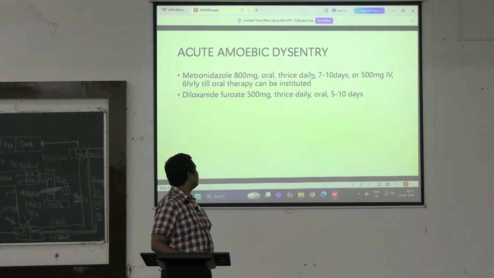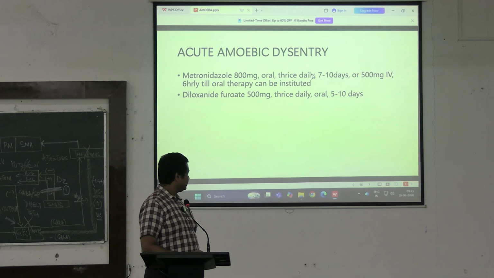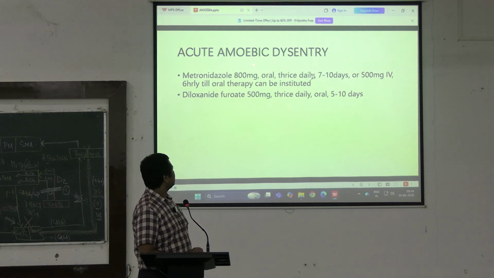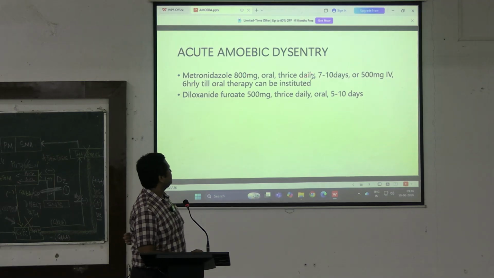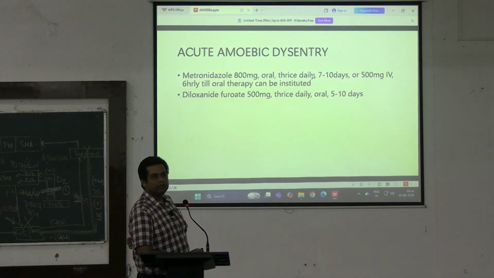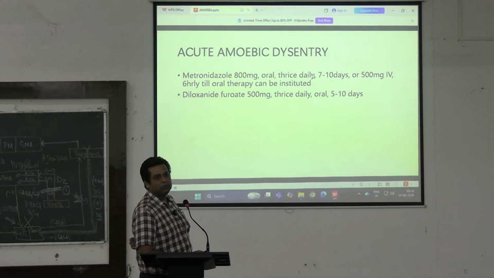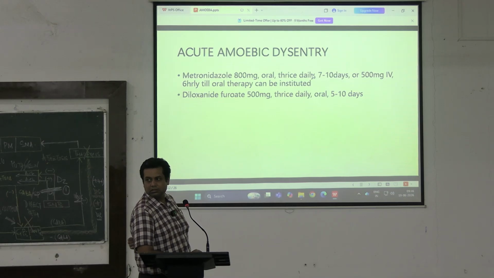So acute amoebic dysentery, these are the severe form। তাহলে কি কি, oral metronidazole 800 mg thrice daily for 7 to 10 days, ঠিক আছে, alongside with diloxanide furoate। কেন diloxanide furoate কেন ইউজ করছি?